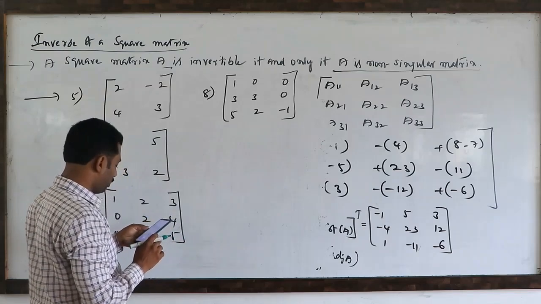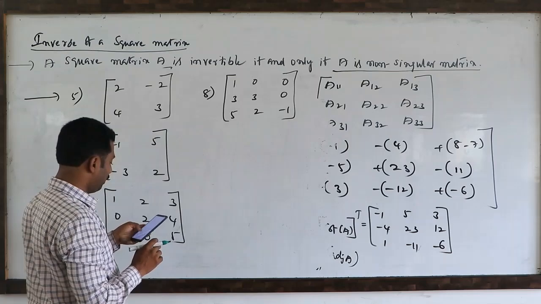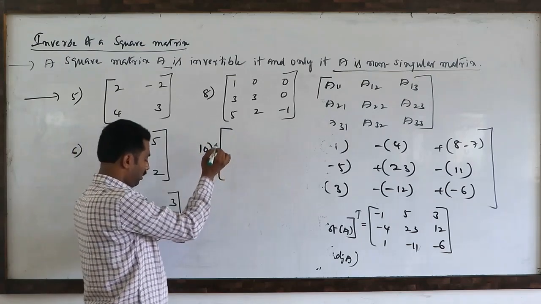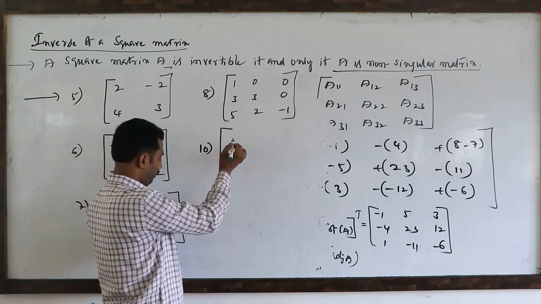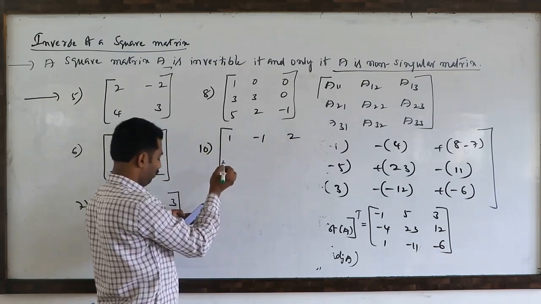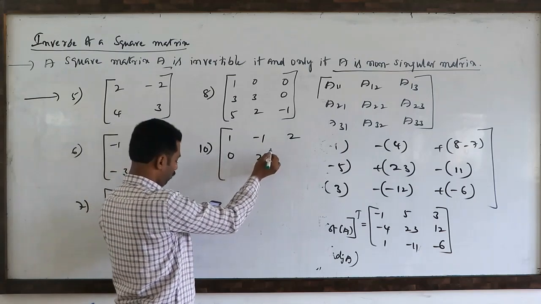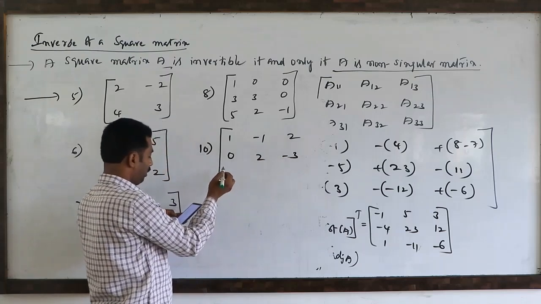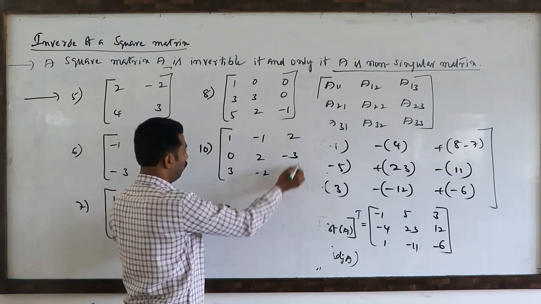The ninth one I solved. 10th question: 1 minus 1 2, 0 2 minus 3, 3 minus 2 4.